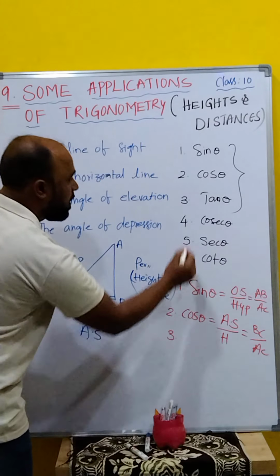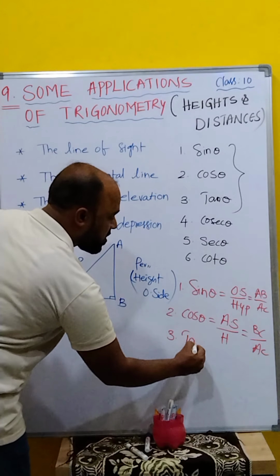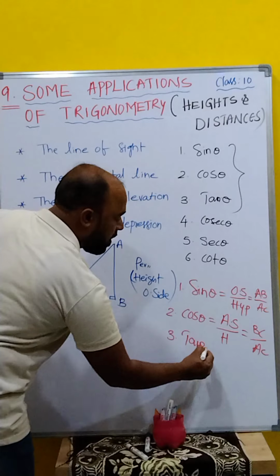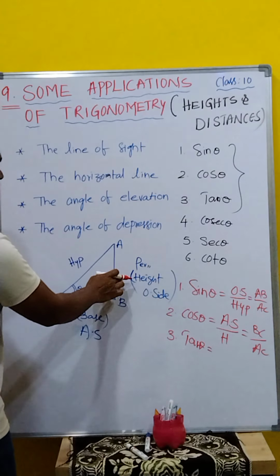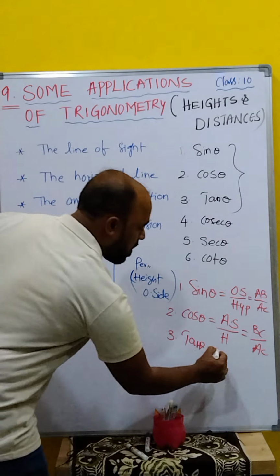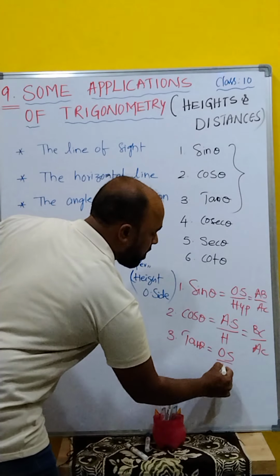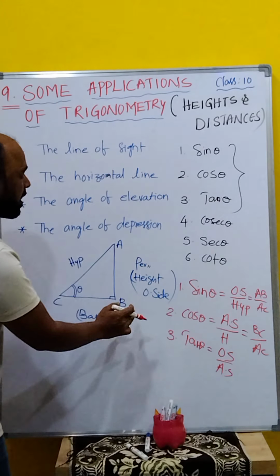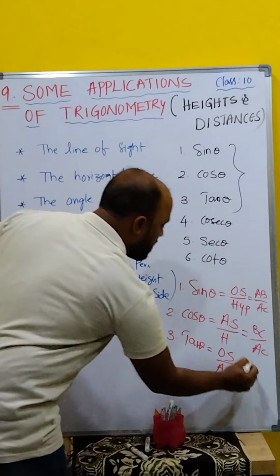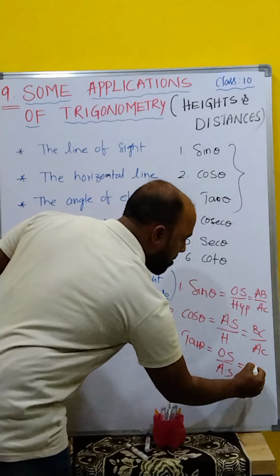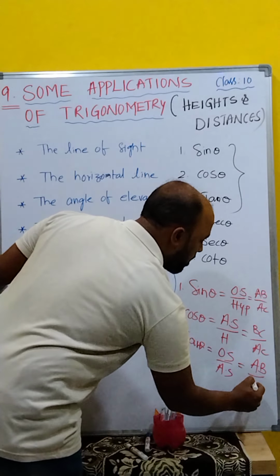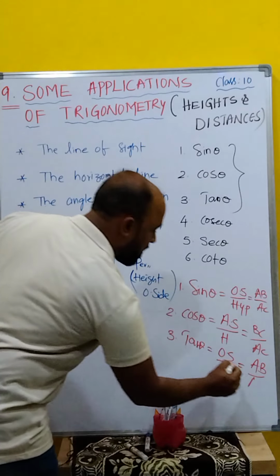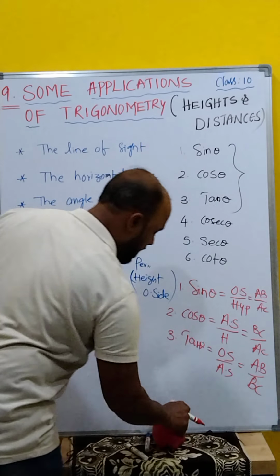Next, the third one is tan theta. Tan theta is equal to opposite side by adjacent side. You can write perpendicular by base also. What is the opposite side here? AB. AB by BC. Clear, children?